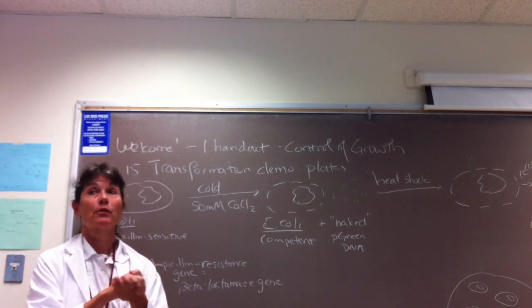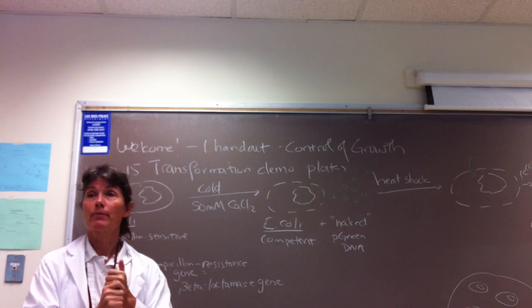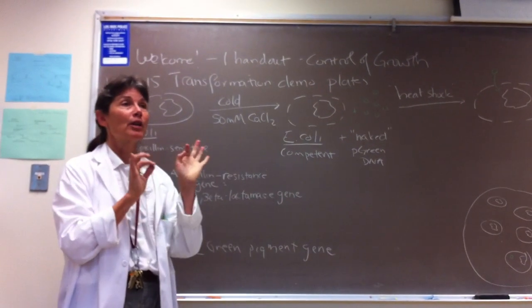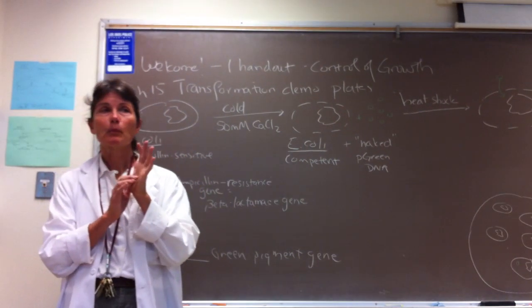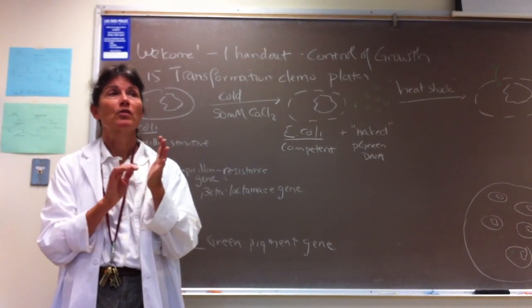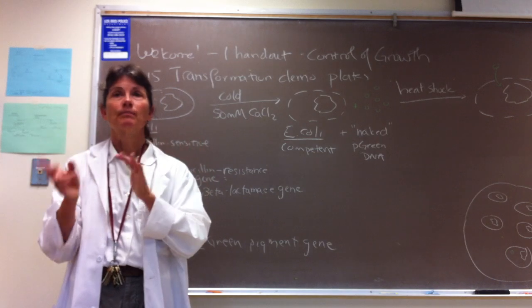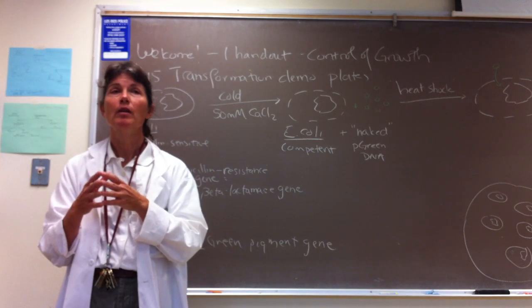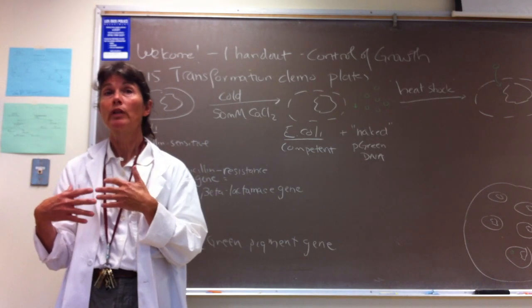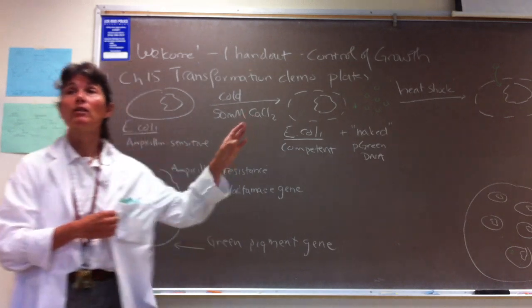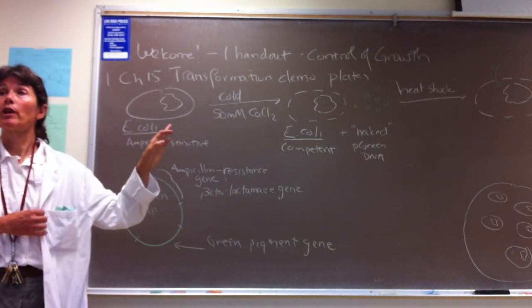Okay, so let me first describe to you the procedure for transformation, which is described in chapter 15 of your lab manual. And you guys do remember that Tuesday, which is our last day of lab, so not this Thursday, but next Tuesday, we have that control of growth quiz, and it will include this discussion of transformation.